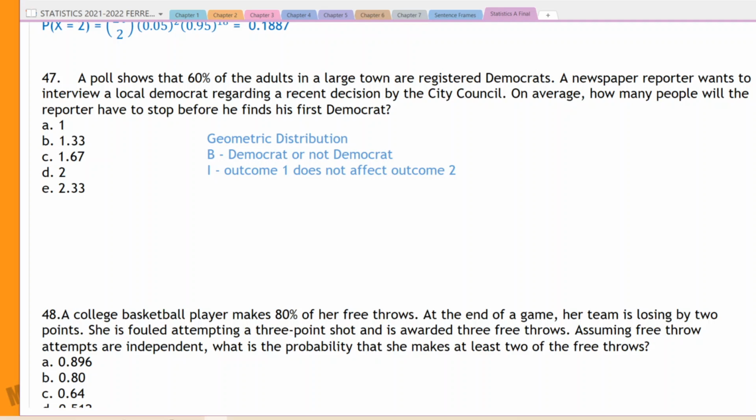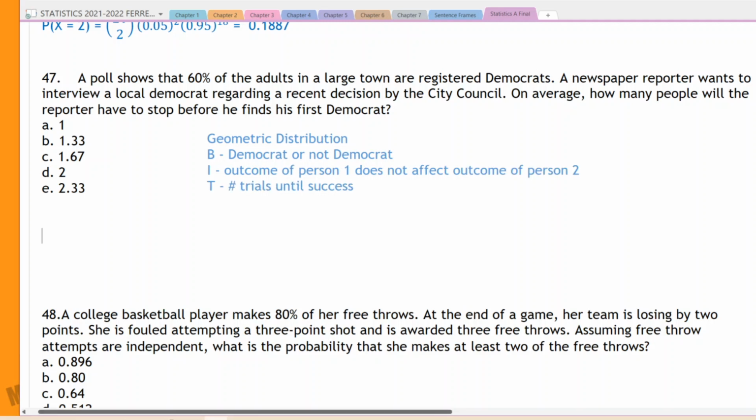It's the hardest one for me to convince myself because I imagine that if we go to a place with a lot of Democrats, then the probability that the first person is a Democrat is going to affect the probability that the second person is a Democrat. But academically speaking, we just have to roll with it. So we're going to say that this is independent. Outcome 1 does not affect the outcome of person 2.